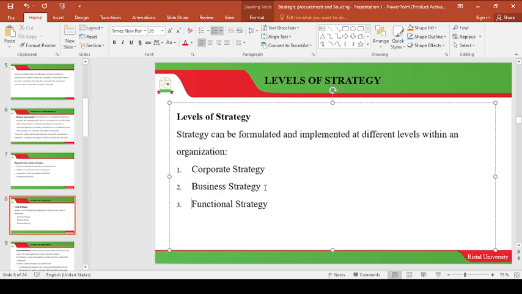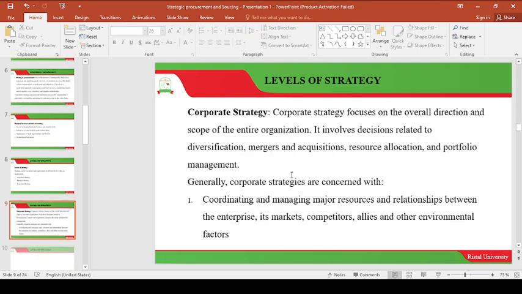Then we have also the functional strategy. This is also called the operational strategy, which looks at the various departments of the organization, that is the marketing, the procurement department. So let's look at each in detail.